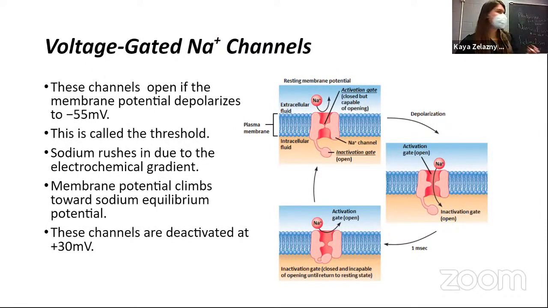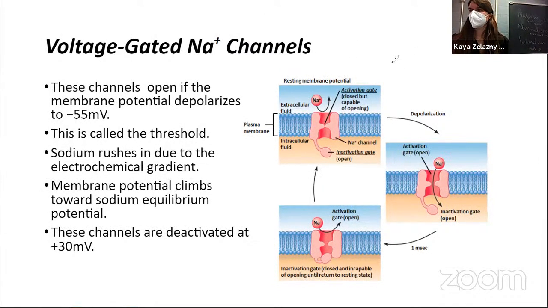So when we hit -55 millivolts, the first part of our action potential is going to be this huge depolarization, this big rush up, this big peak. Sorry, yellow doesn't show up very well, does it? Okay, this big peak, from -70 to like +30.